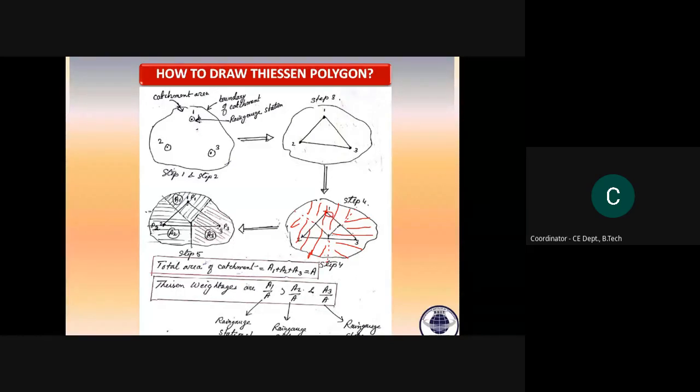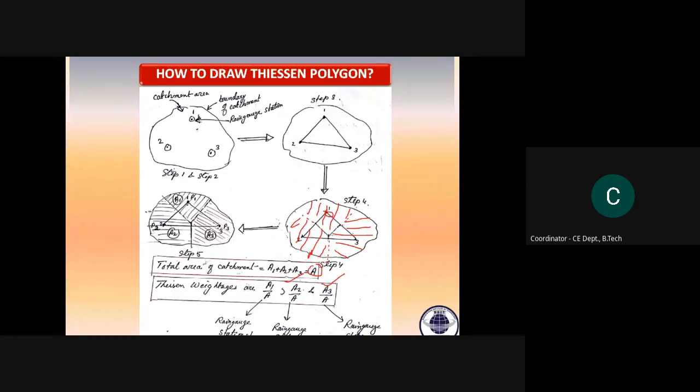The total area will be A1 plus A2 plus A3, which is denoted by capital A here. And the Thiessen weightages are: A1 by A for the first rain gauge station, A2 by A for the second, and A3 by A for the third. So these are the Thiessen weightage values.